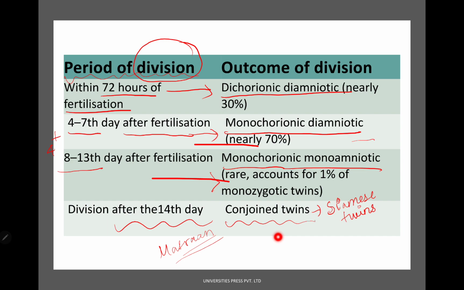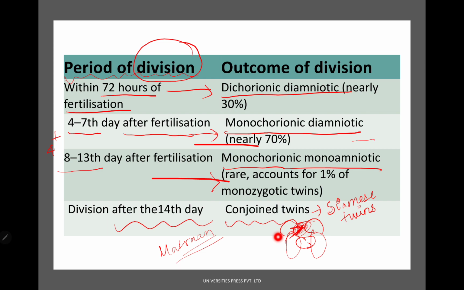What are Siamese twins basically? Basically an embryo partially separates to form two individuals, but they will be connected to each other either by heart or brain. So there are two babies connected to each other. Either there will be a single heart or a single brain. They'll be connected through the brain, like that.